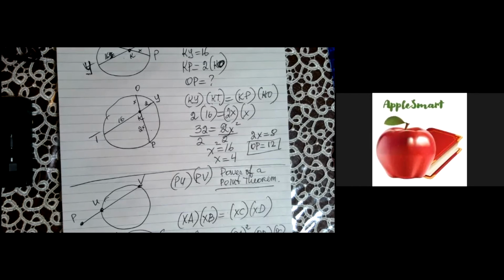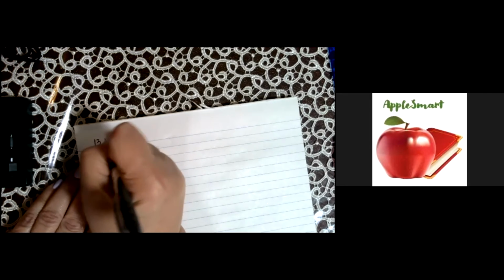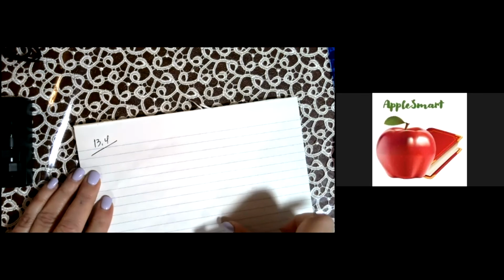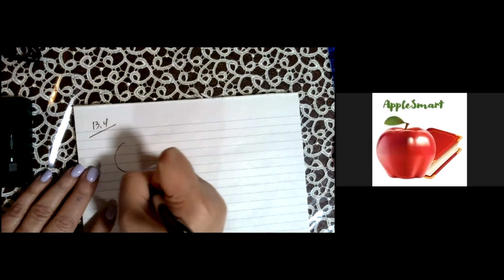Okay. We'll move on to question 13.4. Yeah, so here we go. I'm removing that. 13.4. What do we have there? In the diagram, this time we do have a diagram. So we have a circle.